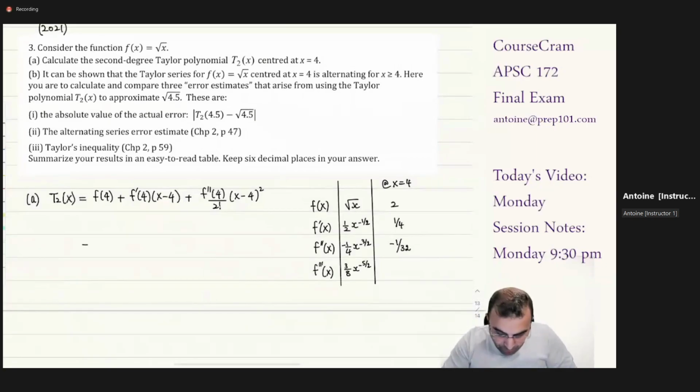So T2 of x is equal to 2 plus 1 over 4 times x minus 4 minus 1 over 32 divided by 2, so 1 over 64, times x minus 4 squared.